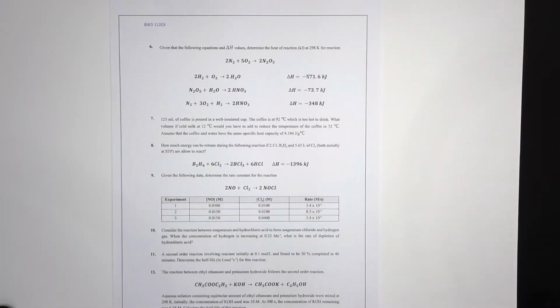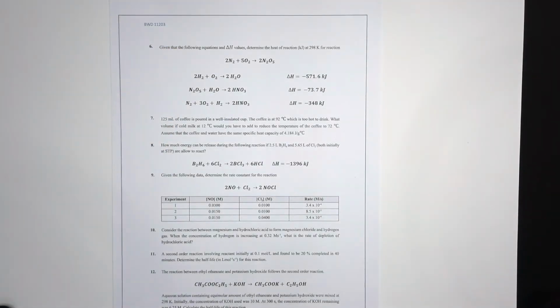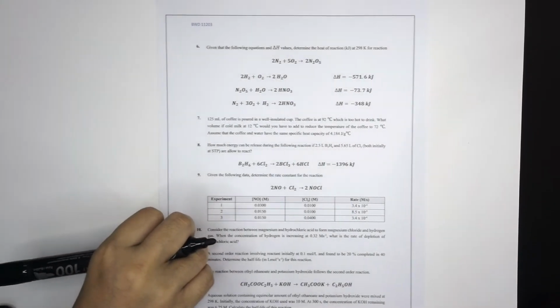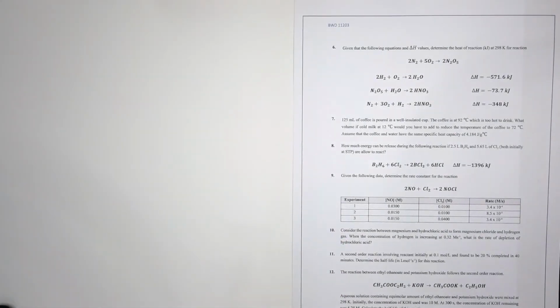Question number 6, still in Hess's Law, Chapter 2. Given to you, your target equation is 2N2 plus 5O2 will produce 2N2O5, with 3 different equations given to you to be used, all of it. So let's just copy back the question and the list of equations given.